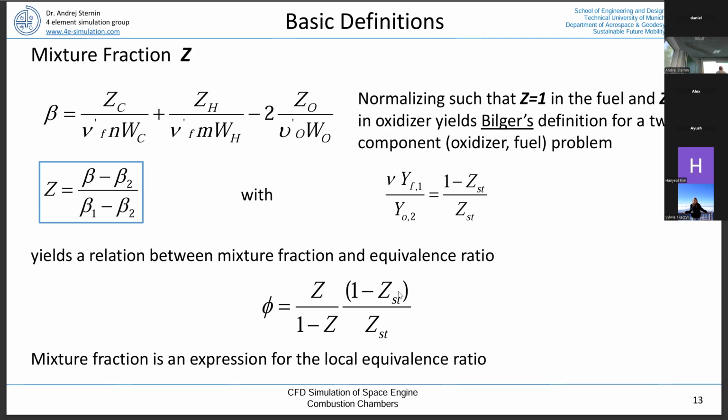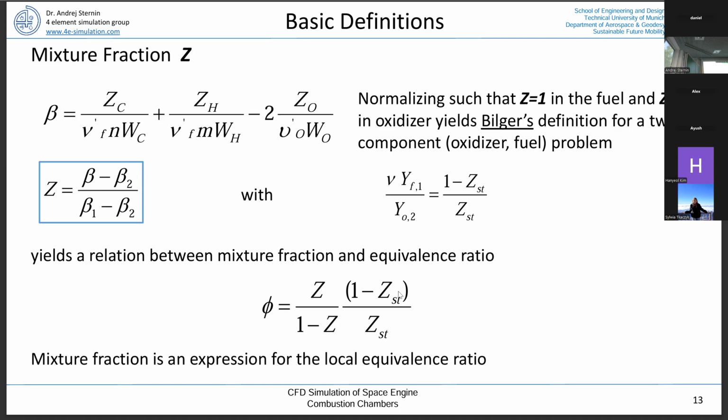Now, for air engines or rocket engines, we talk about the equivalence ratio. That takes into account the number of nitrogen atoms that we have in air. In a rocket engine, we talk about mass fraction, so the amount of oxidizer that we need for the local mixture, the overall mixture of oxidizer and fuel.